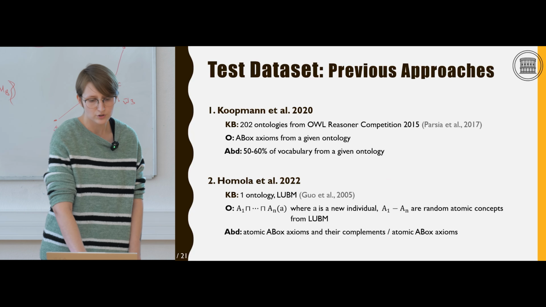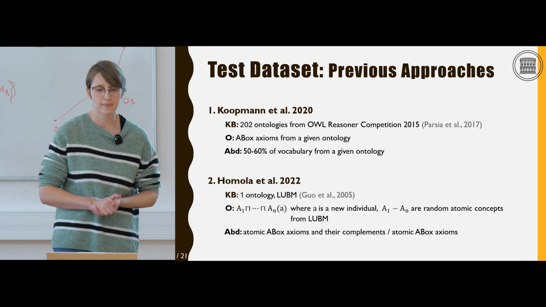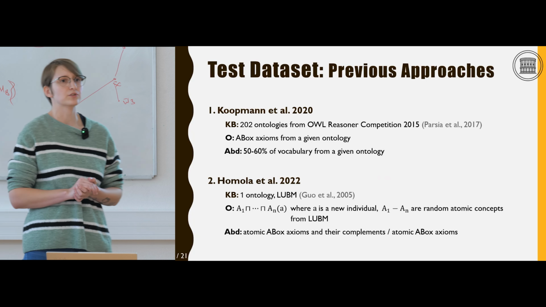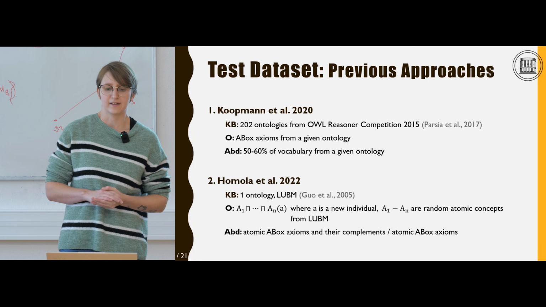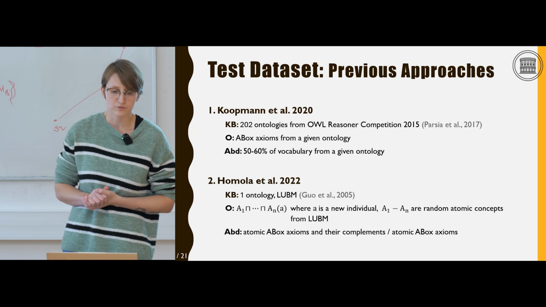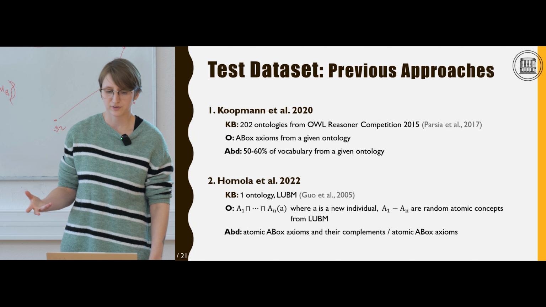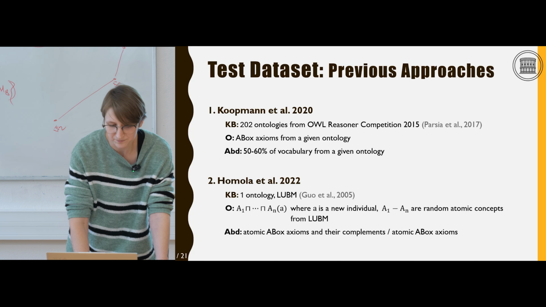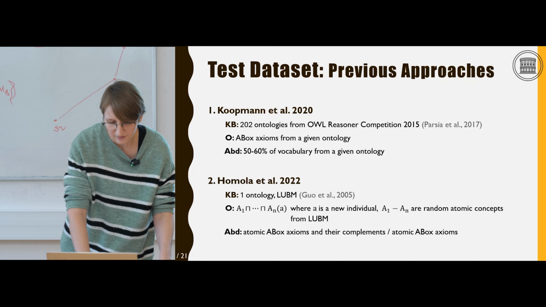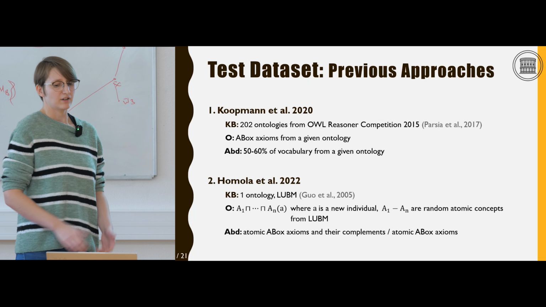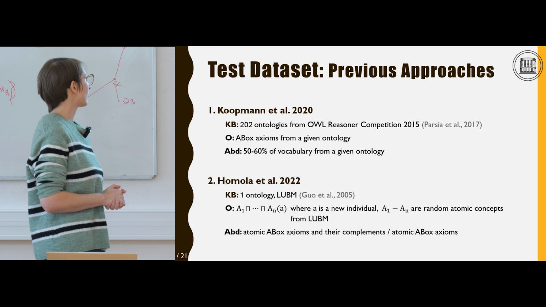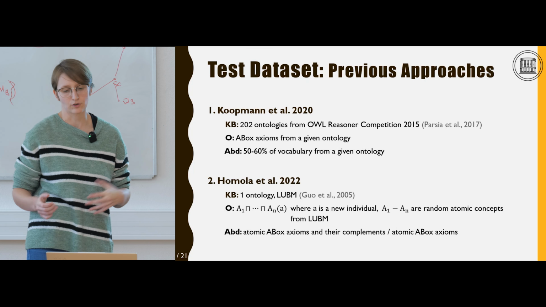The second approach only uses one ontology and generates observations in such a way that it introduces a new individual A and then randomly chooses some concepts from that ontology which that individual should be included in, basically. And then for abducibles, they are set as only atomic A-box axioms or atomic A-box axioms and their complements.